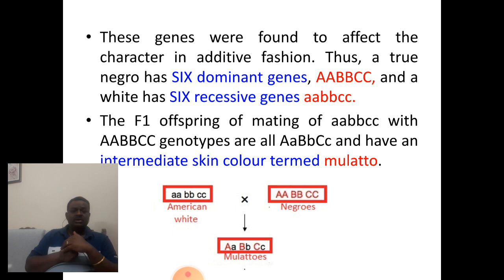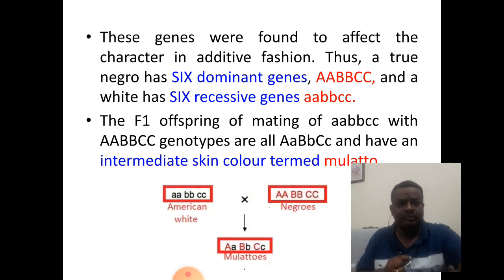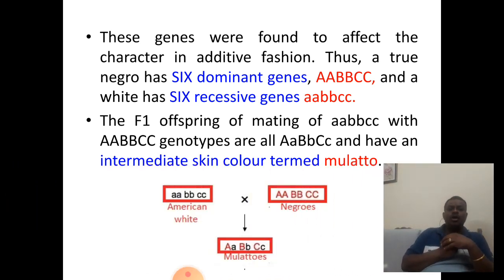Now, when genotypic individuals, one with pure dominant genes and one with pure recessive genes, that is an American white and a Negroic African individual, are crossed, we tend to find an F1 offspring who shows the character of 3 dominant alleles and 3 recessive alleles in them.